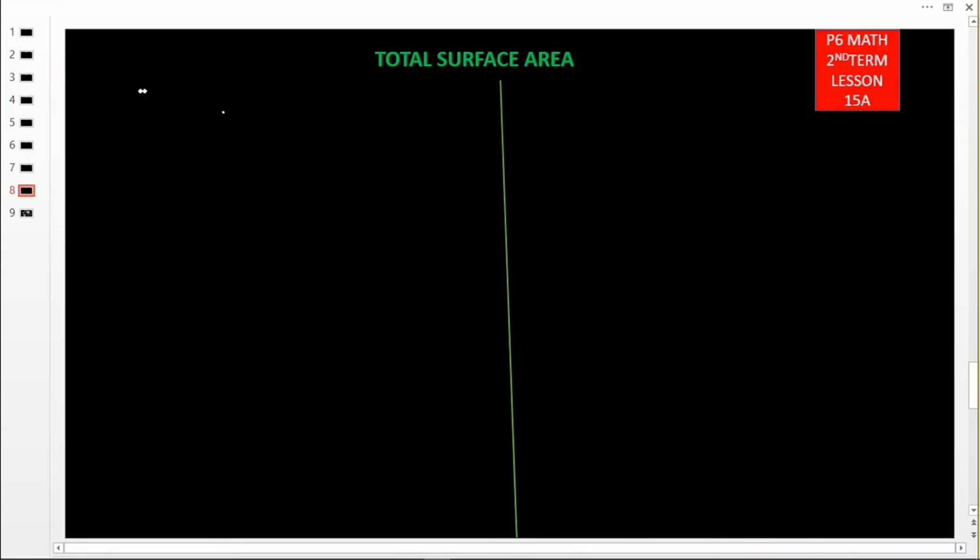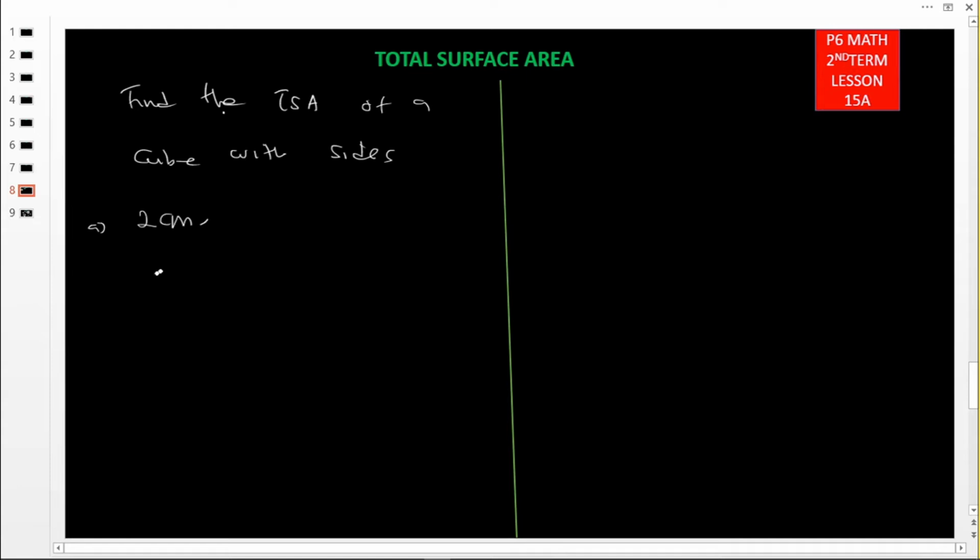They can give us this, they can say find the TSA. This means total surface area of a tube with sides of 2 centimeters, meaning that each side is 2 centimeters.